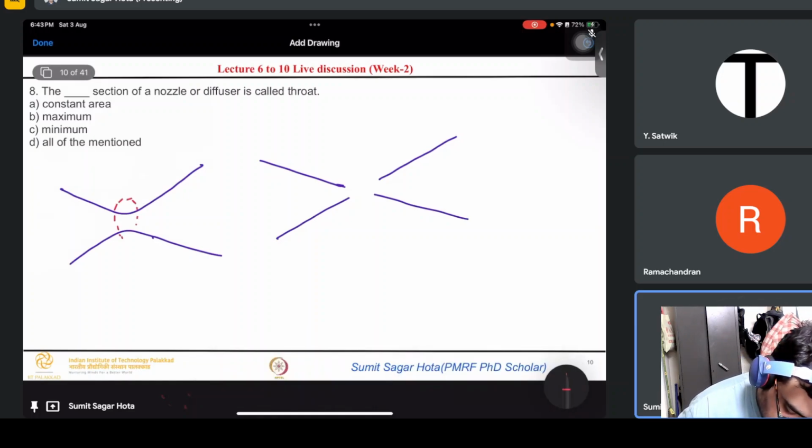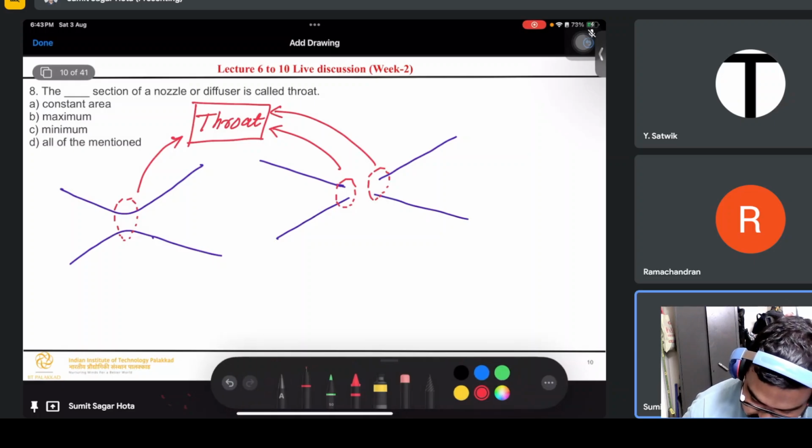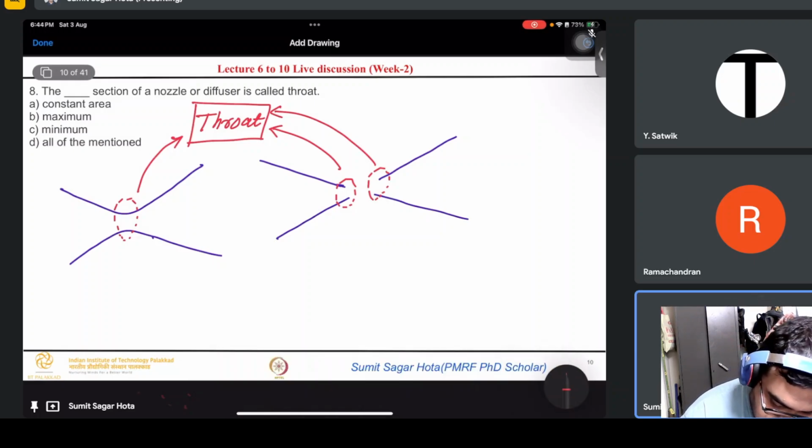If you really know this thing, this is your throat. So basically this is the minimum section of a nozzle or a diffuser.